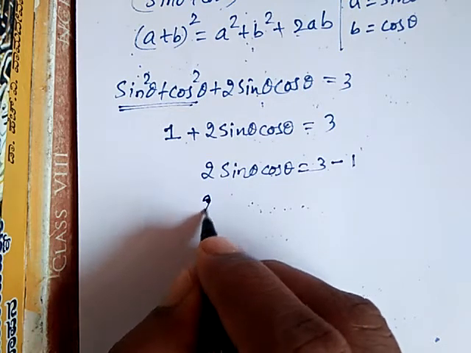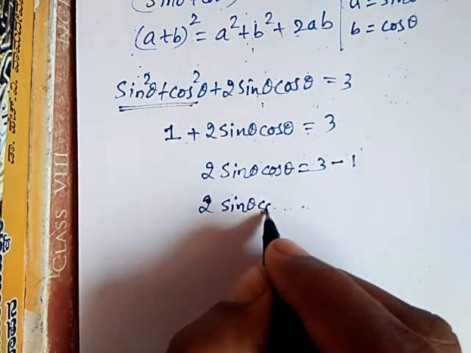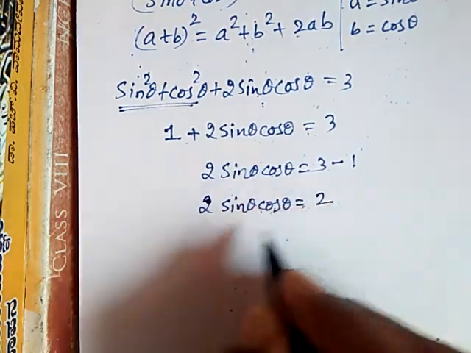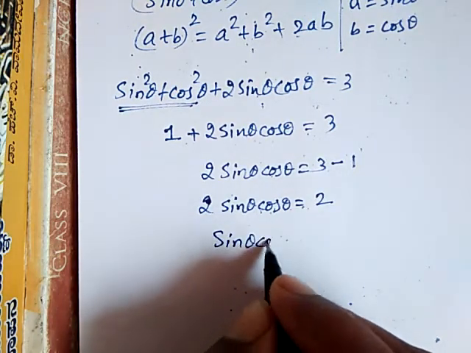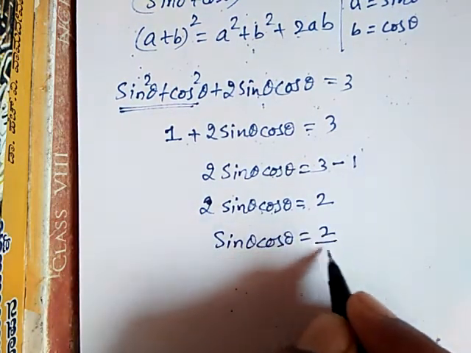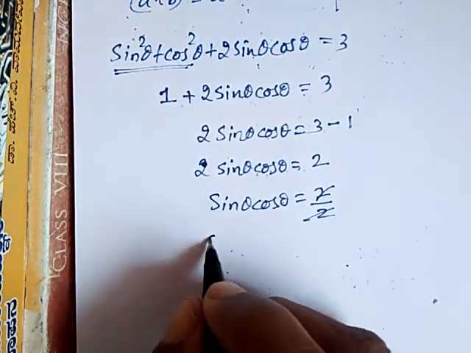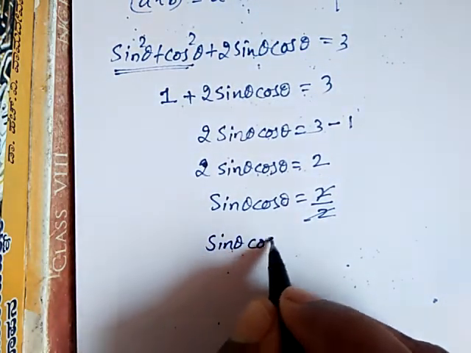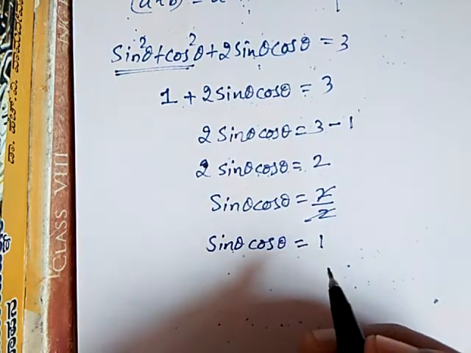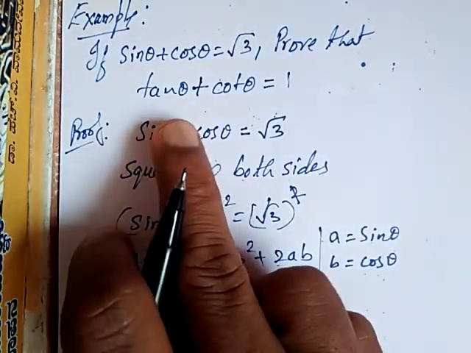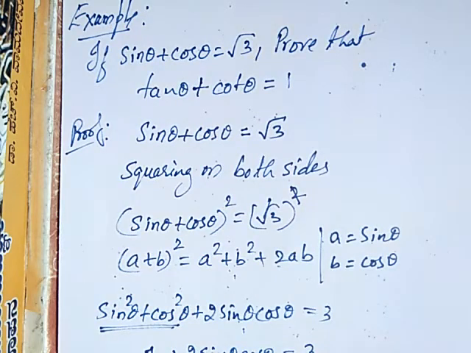So 2 sin theta cos theta is equal to 2. This can be written as sin theta cos theta equals 2 divided by 2. The 2 gets cancelled and it remains 1. So we got sin theta cos theta is equal to 1.